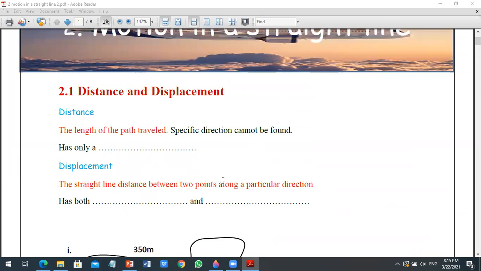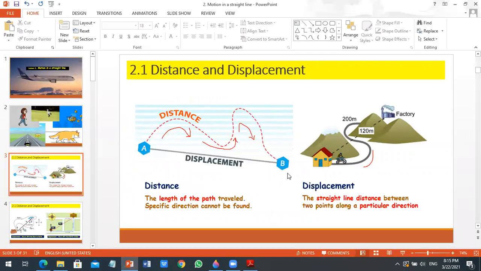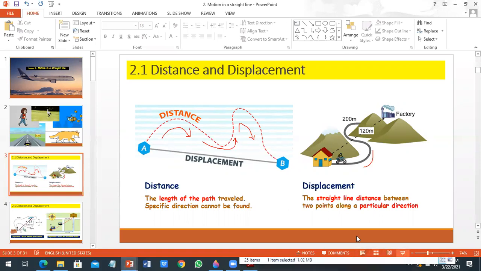So we started the lesson. You couldn't join at the beginning, so we were discussing distance and displacement. I'm going to tell you about that again. In this section we have to learn what distance and displacement are separately.